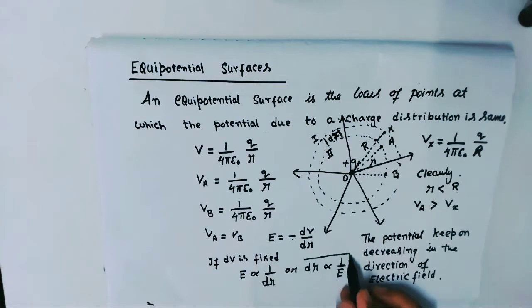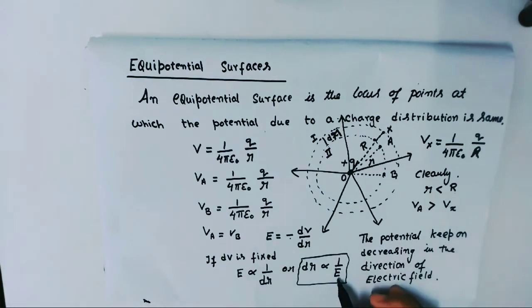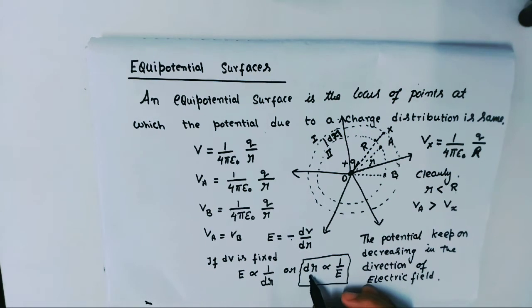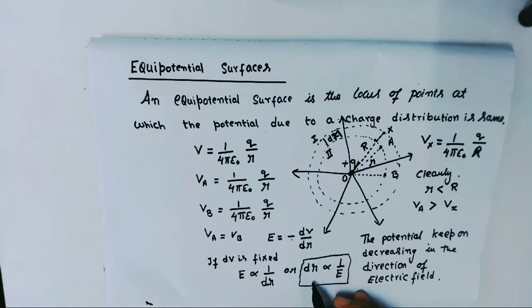This equation represents that as the field becomes strong, that means E increases, then what will happen to dr? dr will decrease. So this equation explains the crowding of equipotential surfaces in the region of strong electric field.